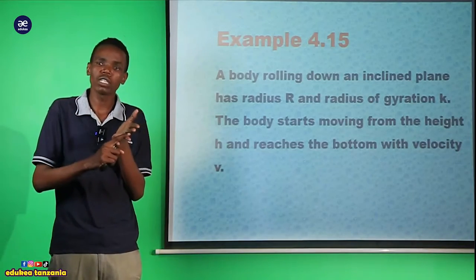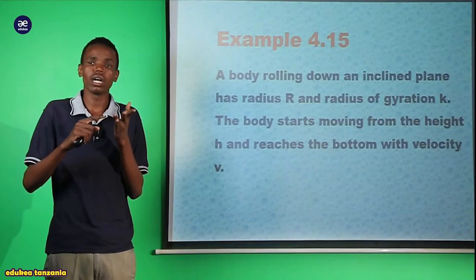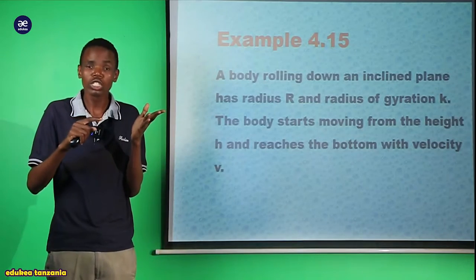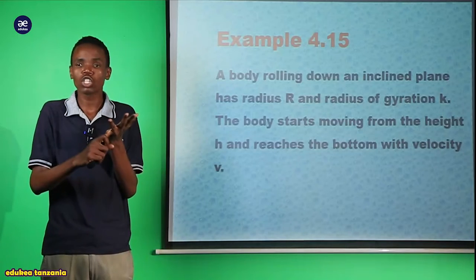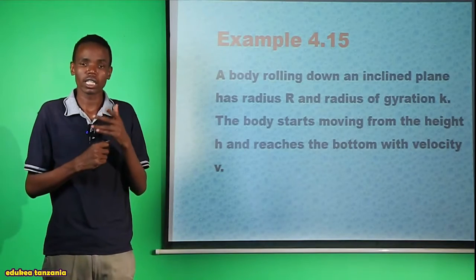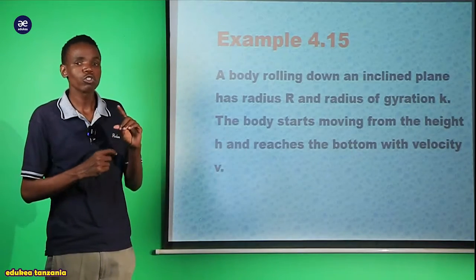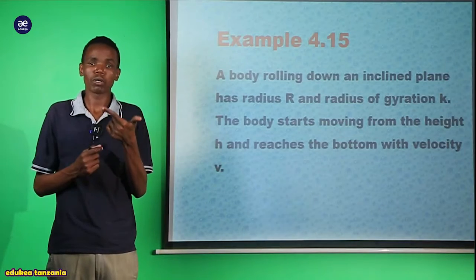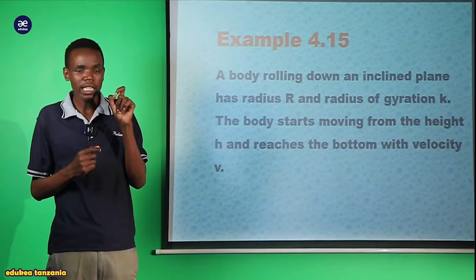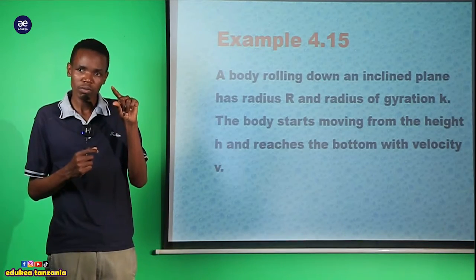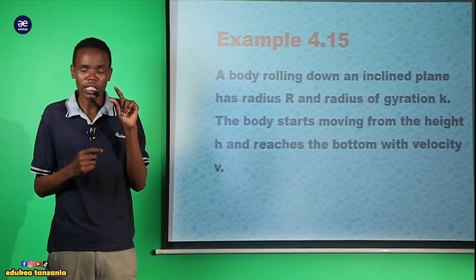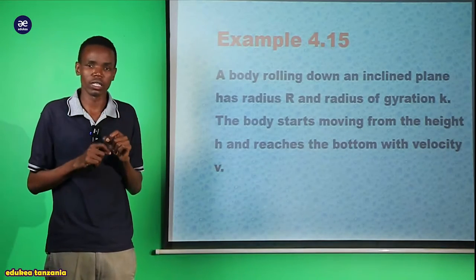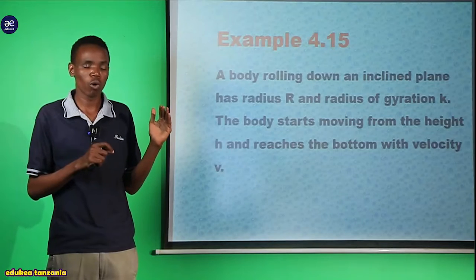It must contain the total kinetic energy, which is given in terms of the rotational kinetic energy and also the translational kinetic energy. Also, it must contain the potential energy and the kinetic energy, and the mechanical energy is assumed to be conserved. That is what we are supposed to keep in mind.